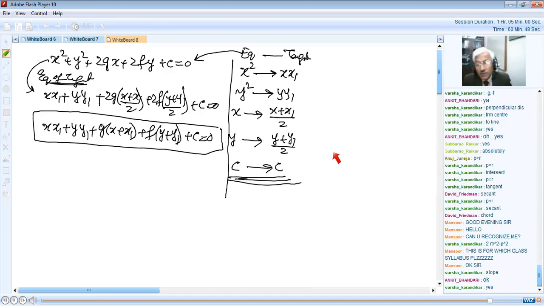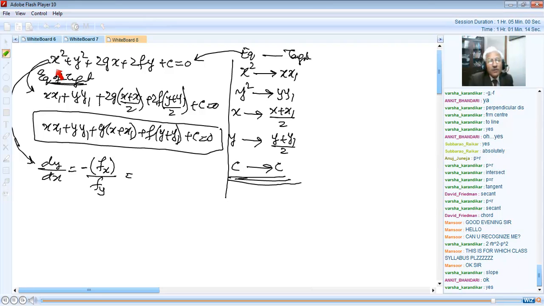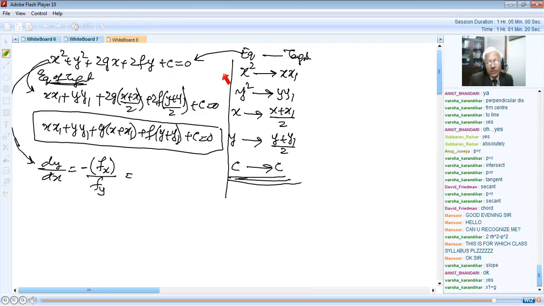Also, I must tell you, how did I find dy by dx? Dy by dx can be immediately found by differentiating with respect to x, and dividing by the derivative with respect to y. Differentiate the given equation with respect to x only, keeping y as constant. You get 2x, y square will be 0, 2g.